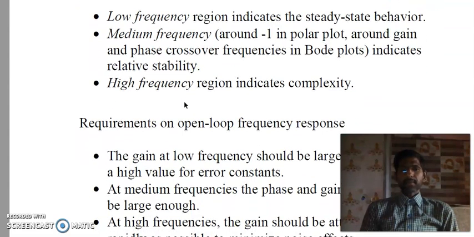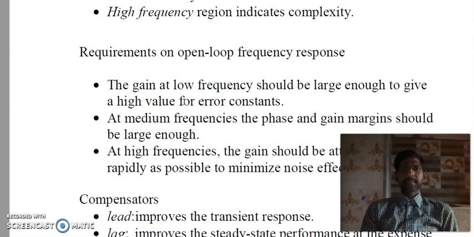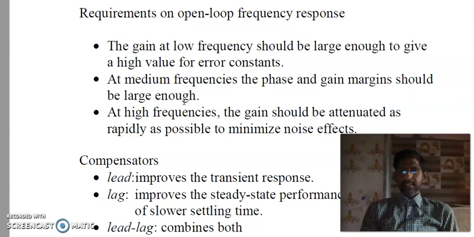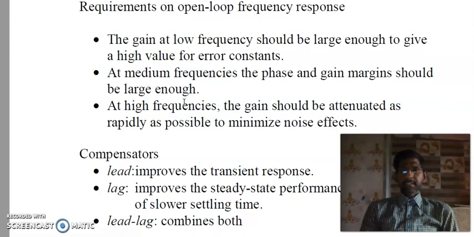The requirements on the open loop frequency response: the gain at low frequency should be large enough to give a high value for the error constant. At medium frequencies, the phase and gain margin should be large enough. At high frequencies, the gain should be attenuated as rapidly as possible to minimize the noise effects.